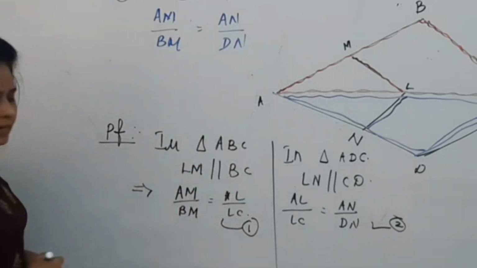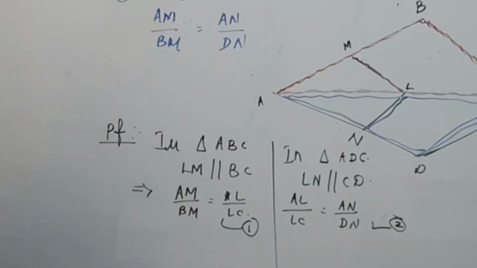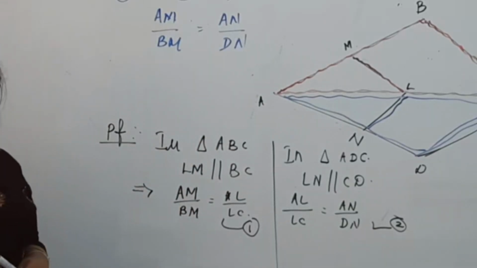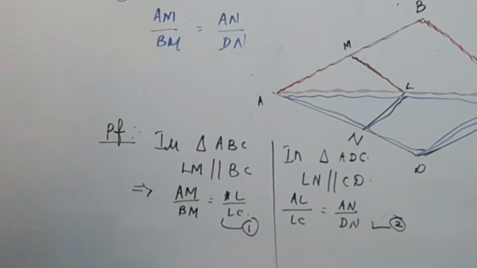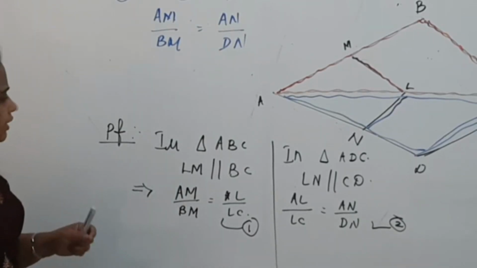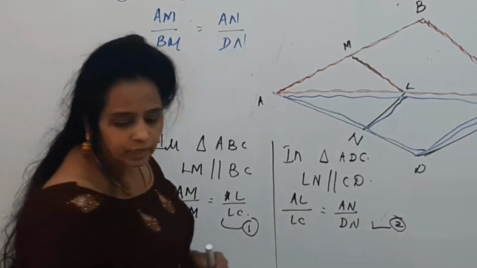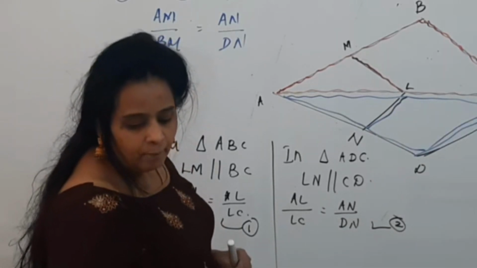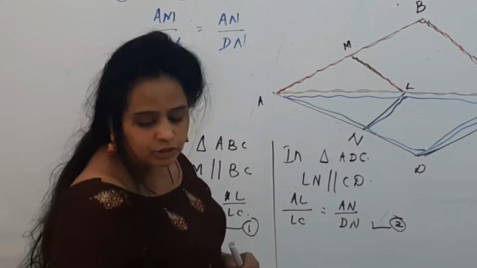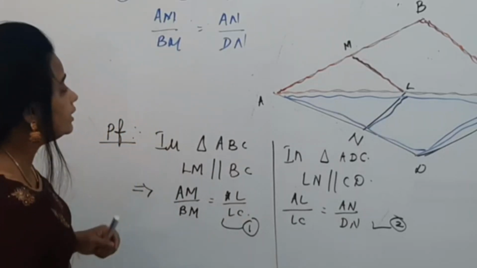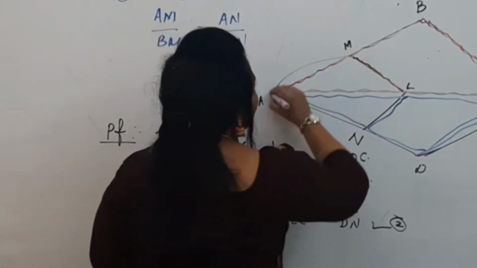Hope you get this point. Children, but what do I have to prove? I have to prove AM by AB is equal to AN by AD. So I have to get AM by AB.